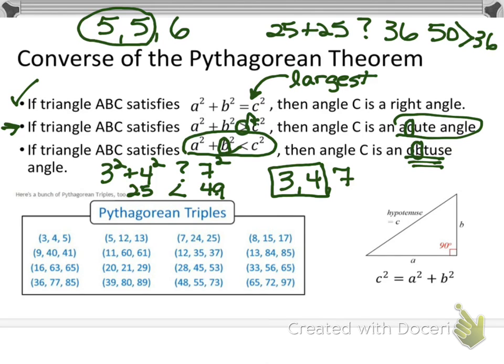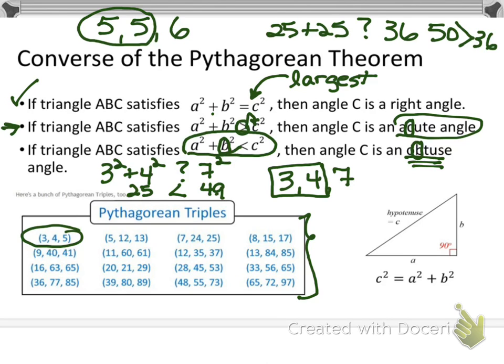Okay, a word about these triples. These triples are all going to be right triangles. So we can try any one of these and it'll satisfy the equation a squared plus b squared equals c squared. So let's just try this one just for ease.